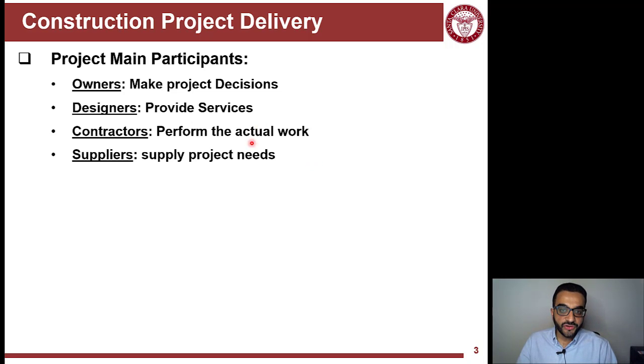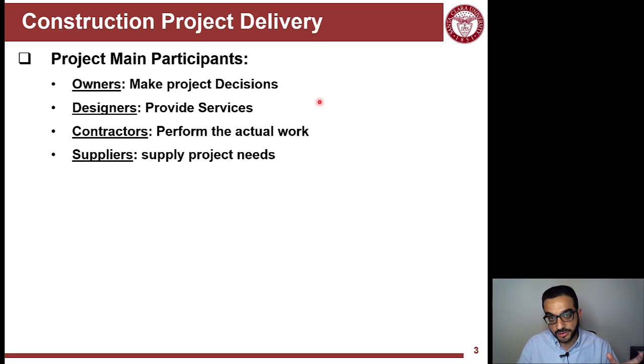So in a project, there are main participants that come together and help in making this project come to life. First, the owners, who define the project and make decisions: I need a hotel, I need a hospital, I need a school, and they define what they want to see in this building or facility. Designers will listen to the owners and translate these requirements into designs that can be built.